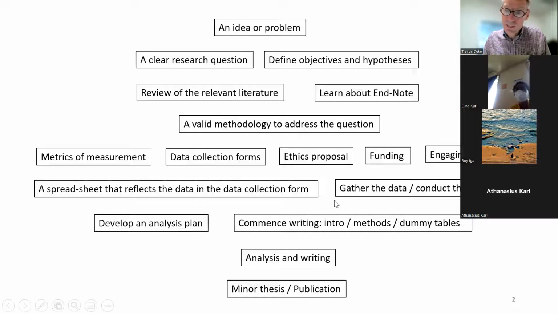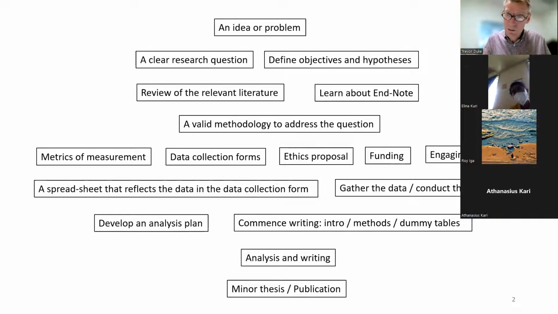You often need to engage others in your research project. If you're doing a research project on a particular disease, for example, if you're looking at some aspect of neonatal care, then obviously the people who are involved in the special care nurseries at your hospital will need to be engaged. What I mean by that is informing them of the research project and seeking their suggestions, so that they feel involved in the project.